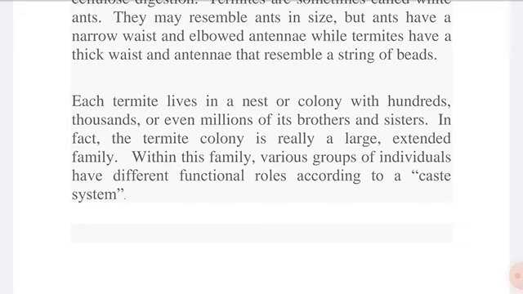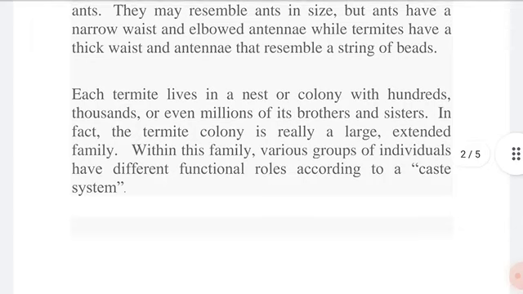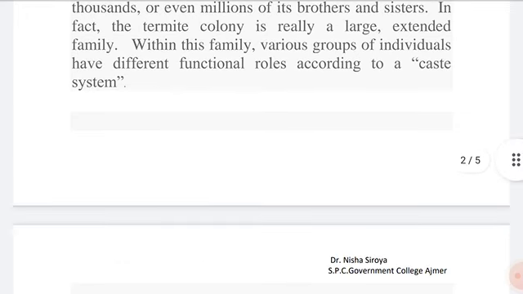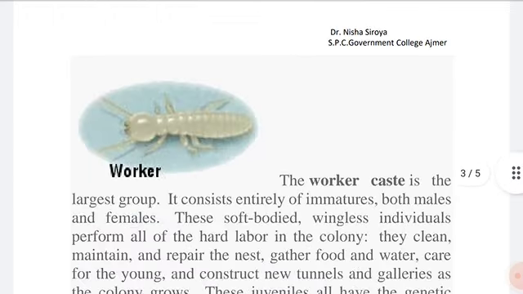In fact, the termite colony is really a large extended family. Within this family, various groups of individuals have different functional roles according to a caste system, because, as I said earlier, there is division of labor.